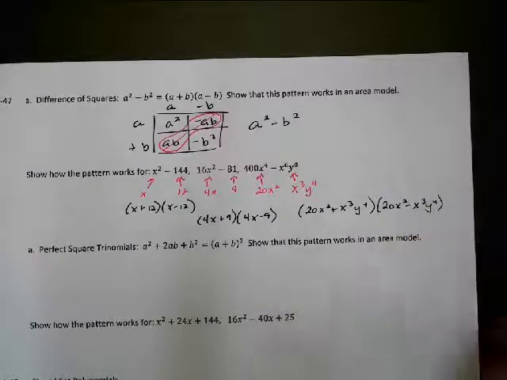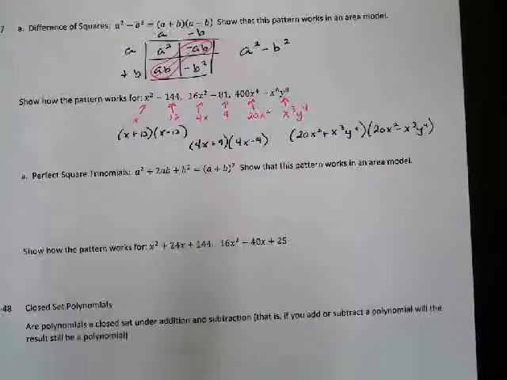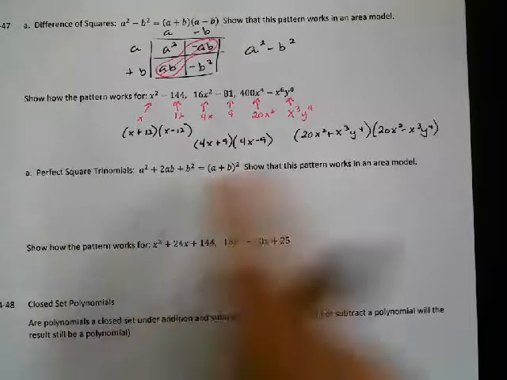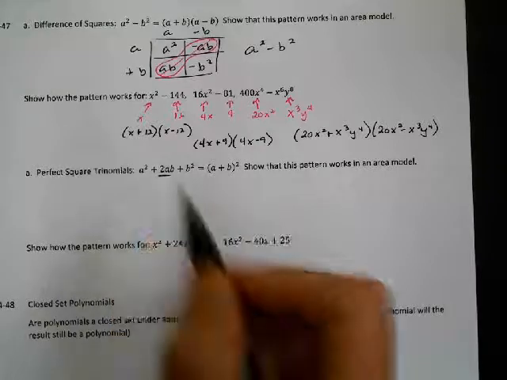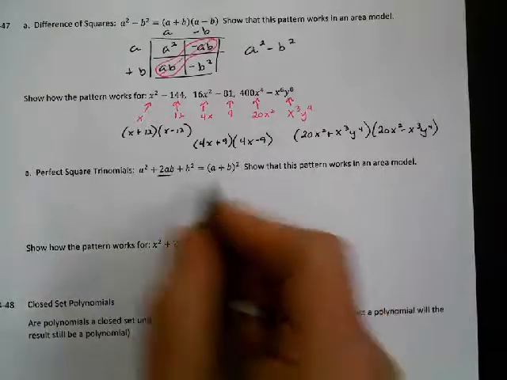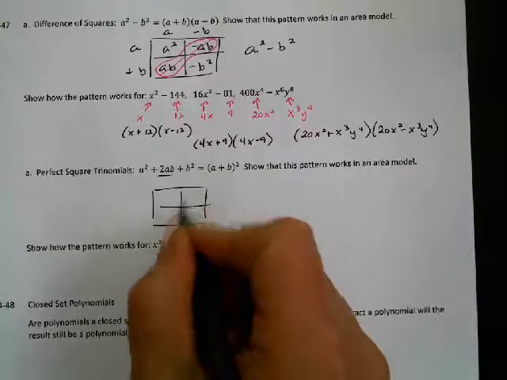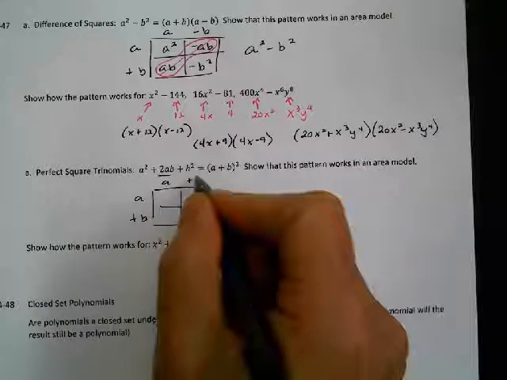Okay, our other pattern was a perfect square trinomial. So in this one, remember I was saying 2ab in the middle. So for this one, if I do a plus b times a plus b, we get a squared, ab, and b squared.